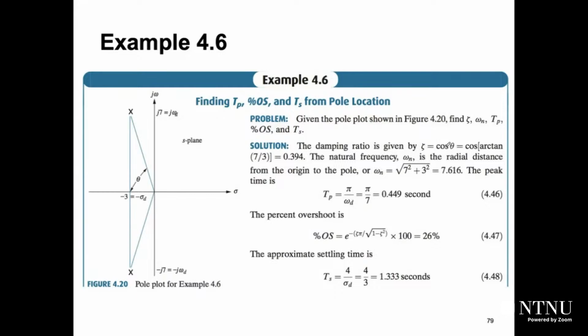If you want the damping ratio, it's cosine theta, so we take tan inverse of 7 divided by 3, and after that take the cosine of this to get zeta.